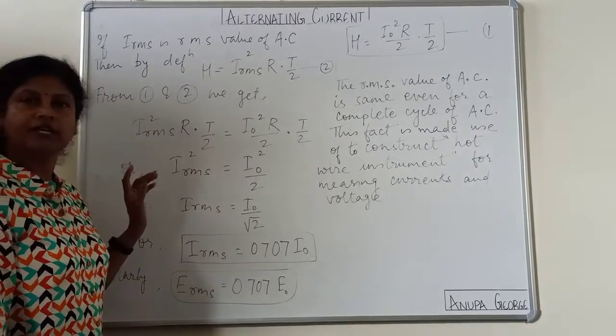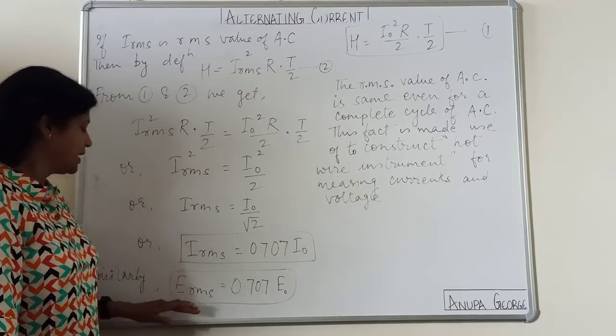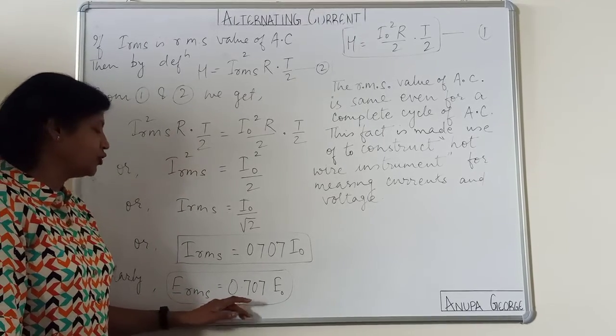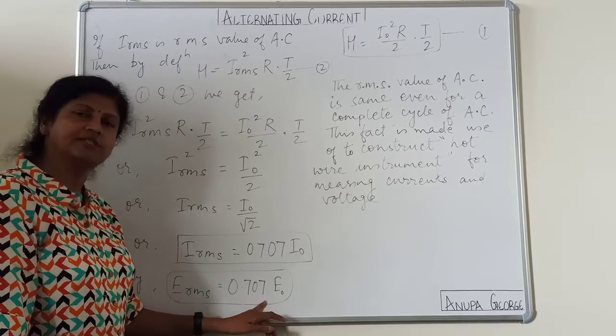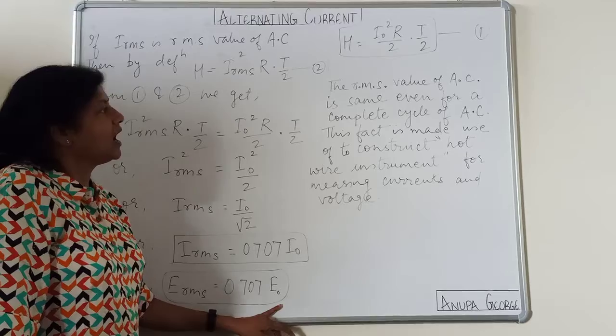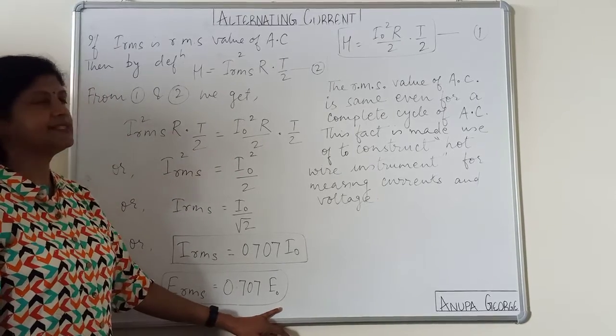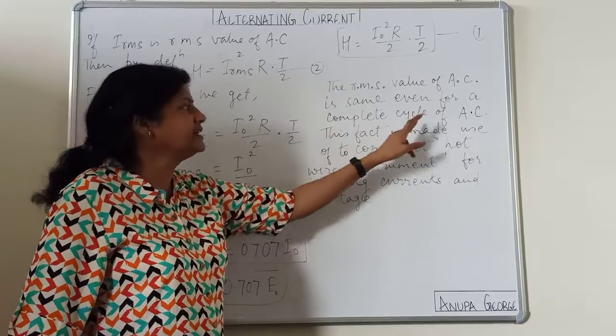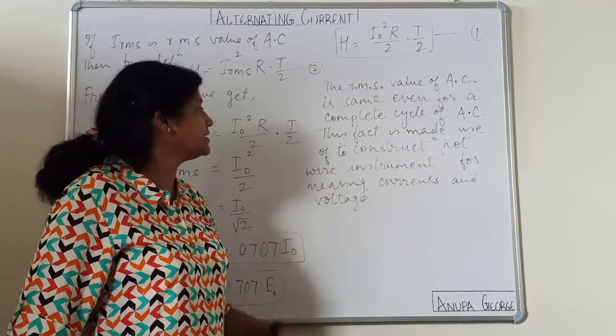Similarly, for alternating EMF, E RMS will be equal to 0.707 E naught. The RMS value of AC is the same even for a complete cycle of AC.